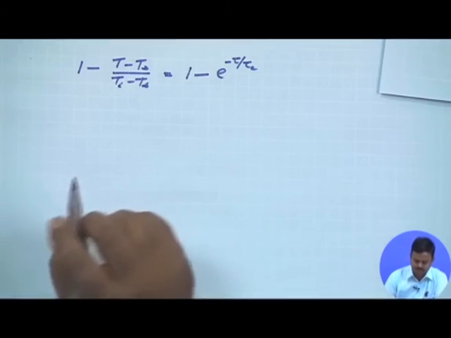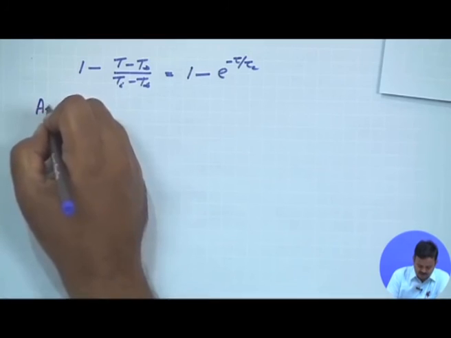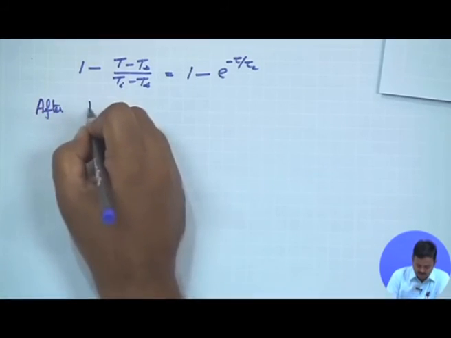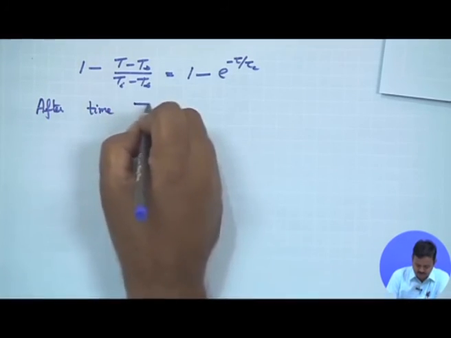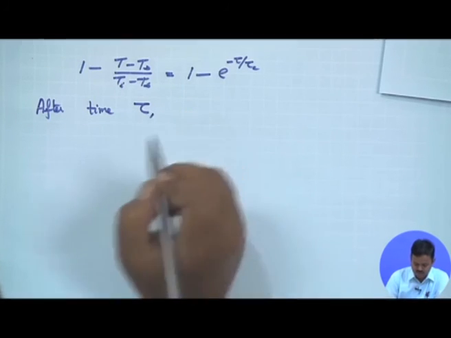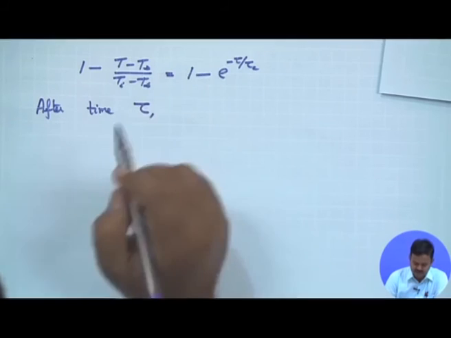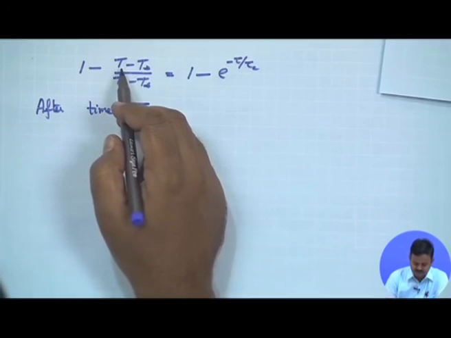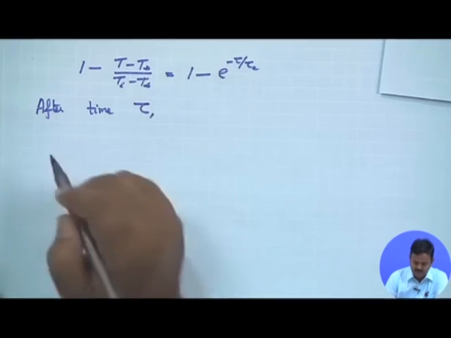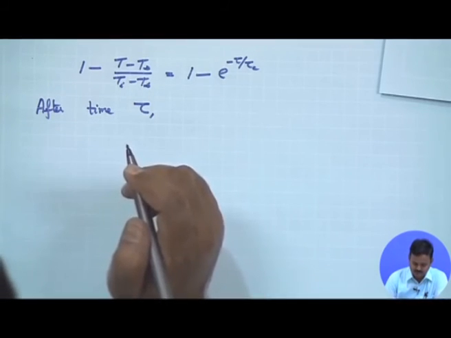Clear? So, after time tau, what do we have? We have this expression, the temperature at the time tau is given by this expression, all right.